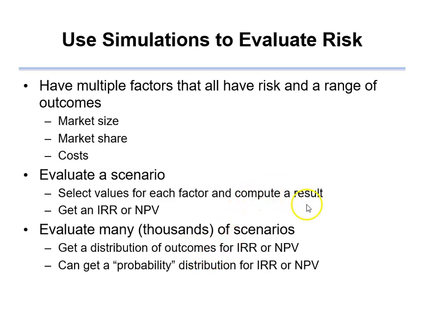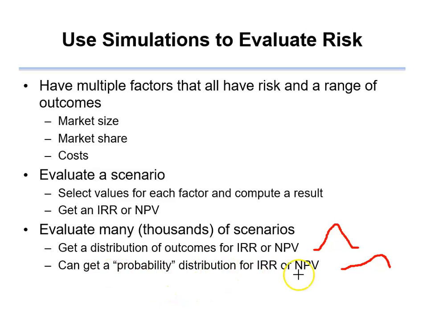We might get a normal distribution. Let me draw. We might get a normal distribution. I'm drawing left-handed. Or we could get some other distribution. But we can then take a look and have an idea of what we believe our outcome will be.